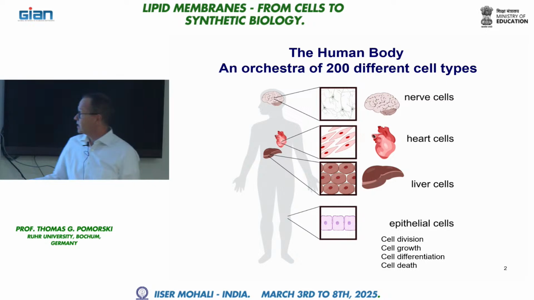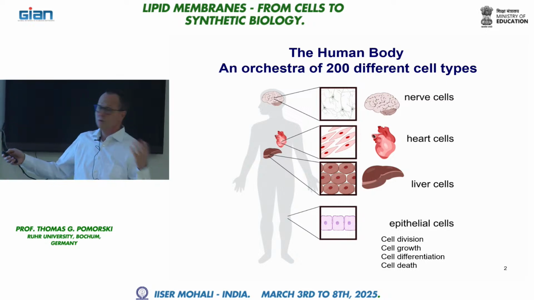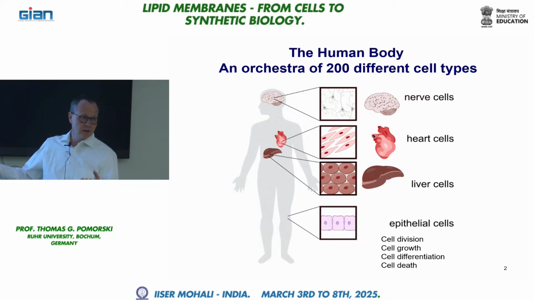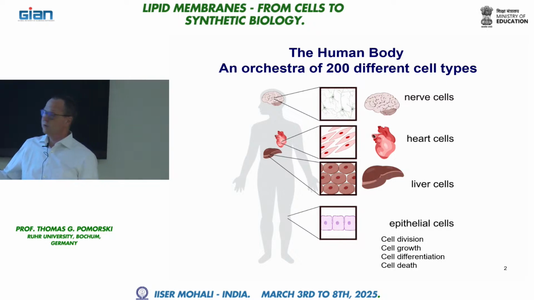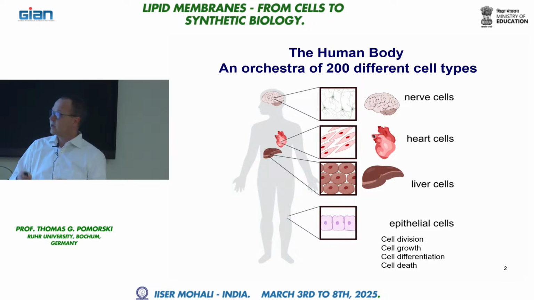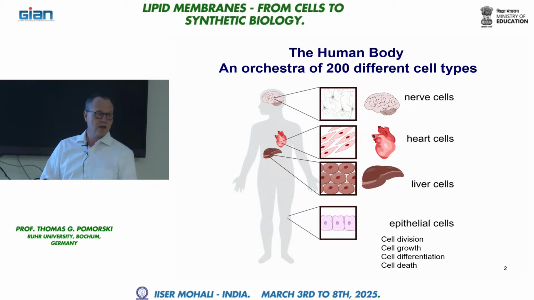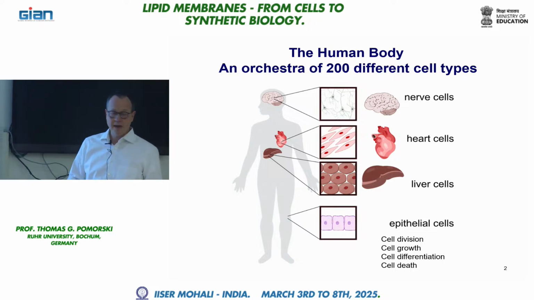So these cells that we have are very specialized. Some cells are important for signaling and communication between them. Other cells are important for the muscle construction of the heart. Each of the cells is very specialized. Liver cells are a type of chemistry factory in our body, specialized in breaking down material and making material.